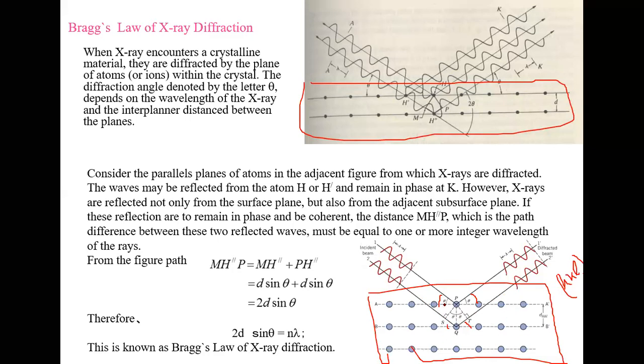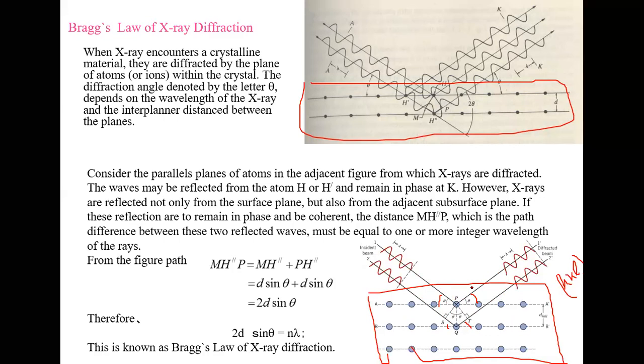Now, if this angle is theta and that angle is theta, we need to find out the path difference, because these two rays, or other rays that also reflect from the bottom plane, do not travel the same path.